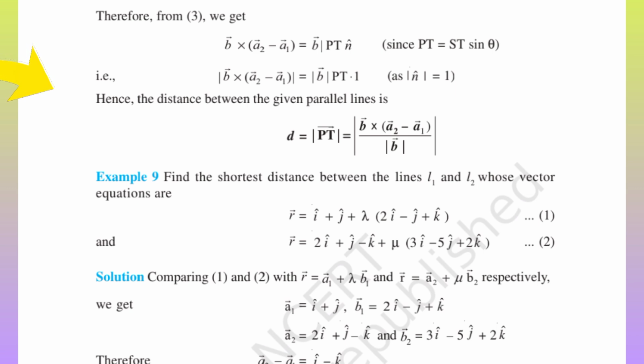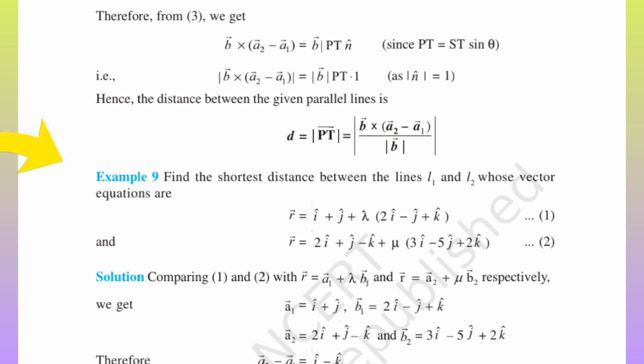Since PT = ST sin θ, b × (a2 − a1) = |b| PT, as |n| = 1. Hence the distance between the given parallel lines is PT = |b × (a2 − a1)| divided by |b|.